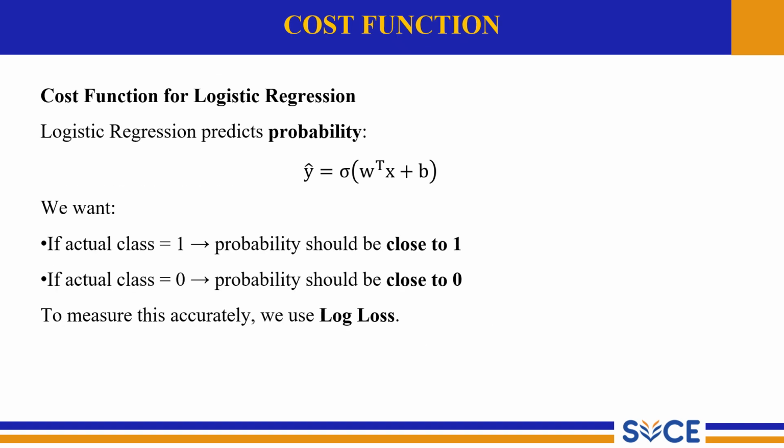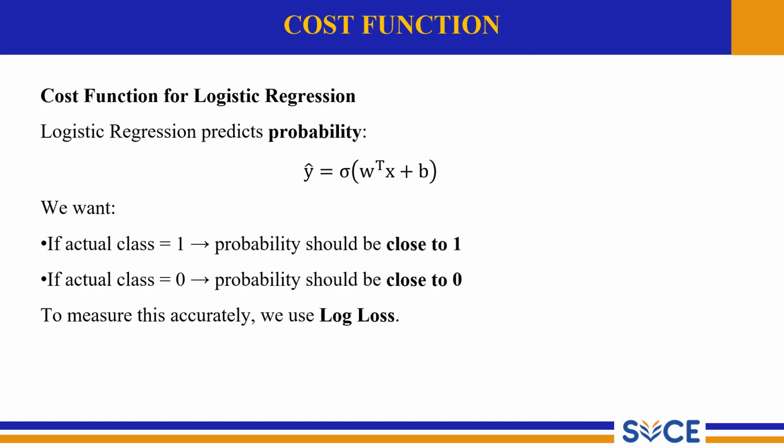In logistic regression, the model predicts a probability y cap equal to sigma of W transpose f of x plus b. So our goal is, if the actual class y equals 1, the predicted probability y cap should be close to 1.